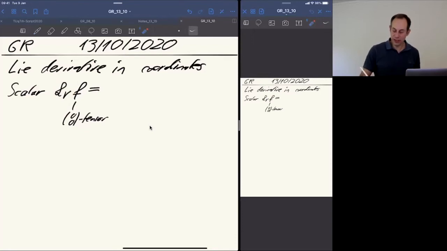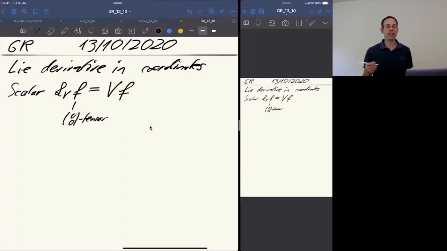And here we have seen, and I just repeat that for a (0,0) tensor, the Lie derivative acts in the natural way like a vector acts, because a vector was already defined as exactly that thing, namely the vector acting on a function tells you how the function changes as you move along a path in the direction of that vector.